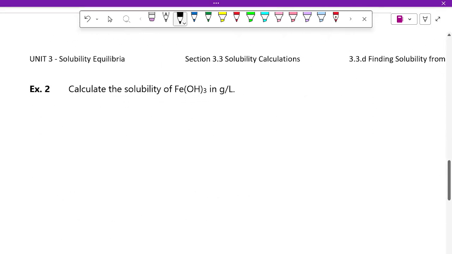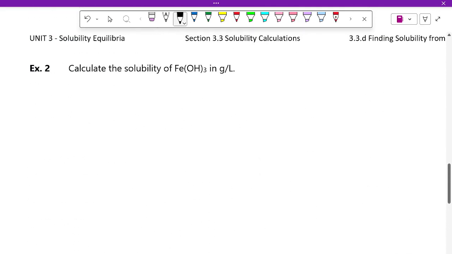Try example 2. You have to find moles per liter first, and then you'll convert it to grams at the end, because your KSP works in moles per liter.